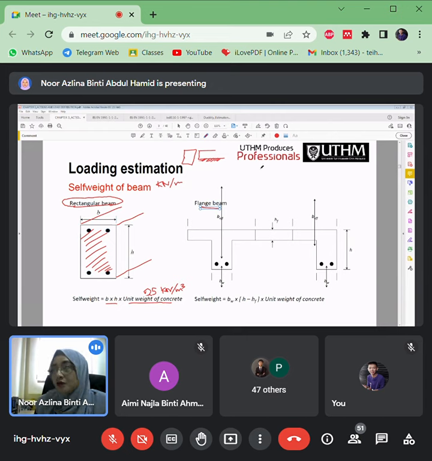If I draw the layout of the beams here, this is the grid line A, this is B, this is C. So this is beam A, this is beam B, this is beam C. If I make a cross section here, these will be the beams.